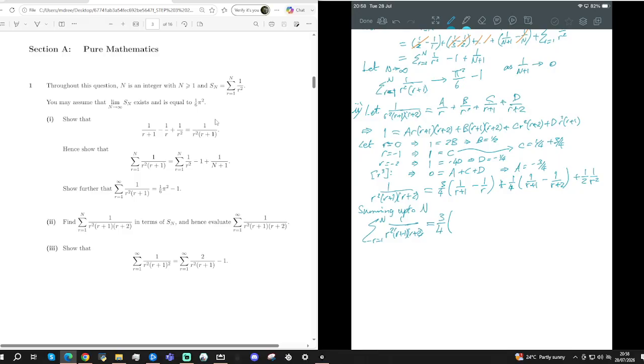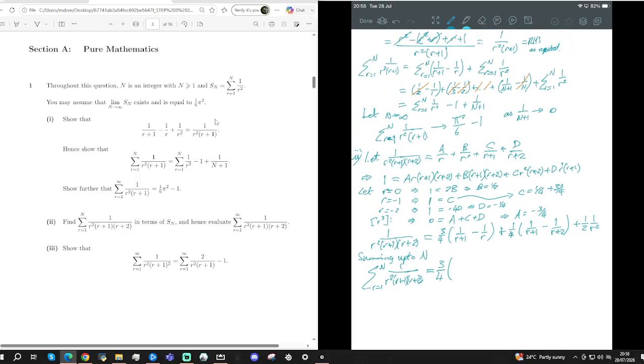Now those, you'll start with a half minus 1. Actually, that's identical to the sum that we did up here. So it's just going to give the identical answer, which was the minus 1 plus 1 over n plus 1 plus 1/4. Now this next one we need to be a bit more careful with.